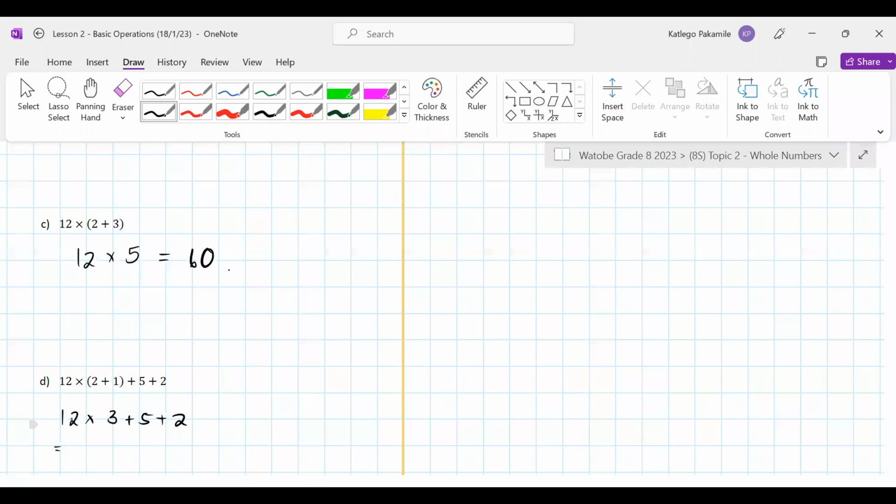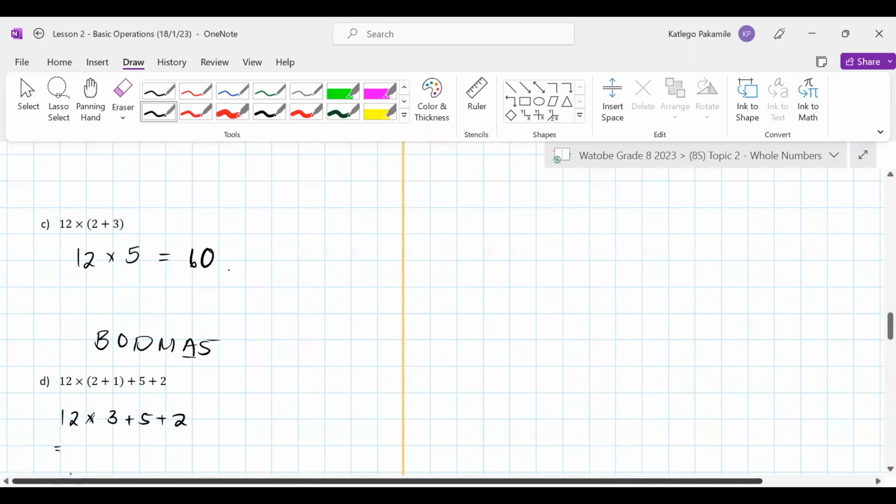Okay, but remember, addition is at the end of our BODMAS. What comes before addition? Multiplication. So does multiplication come before or after addition? Before. Do you see that? Yes, ma'am. So what's 12 times 3?